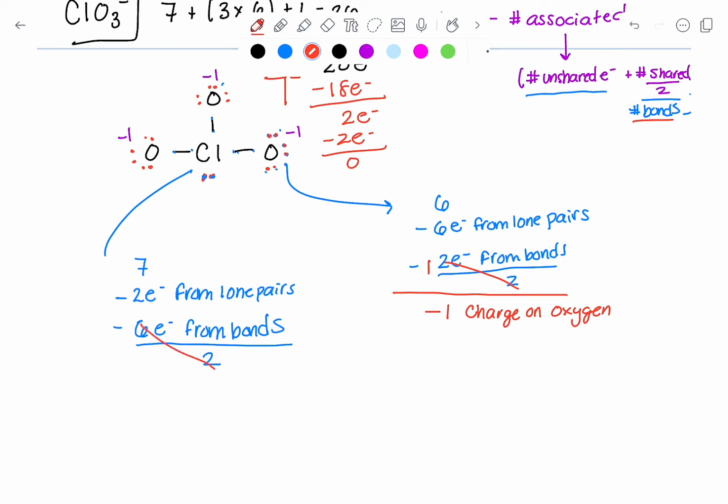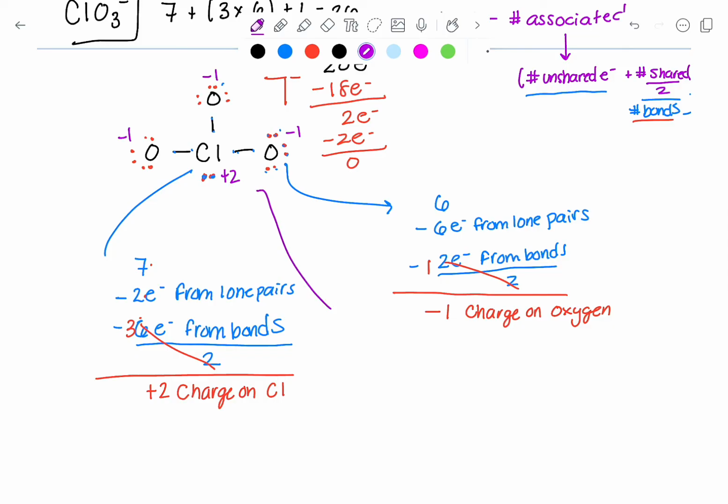So this simplifies to 3. So we have 7 minus 2 minus 3, so that would be 7 minus 5, which is a charge of +2. So that means my chlorine has a charge of +2.